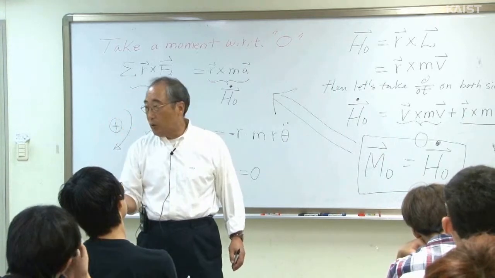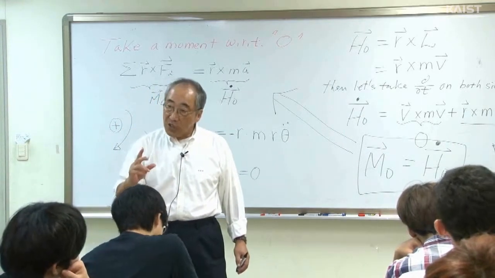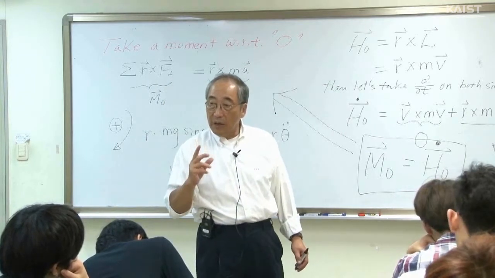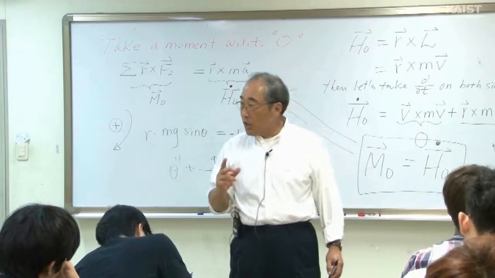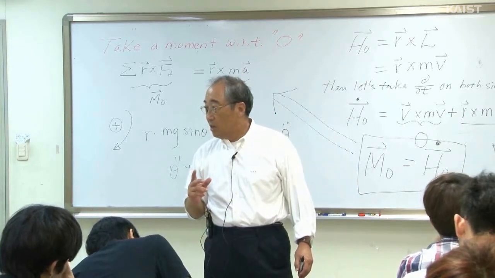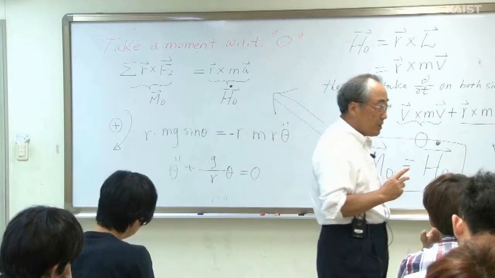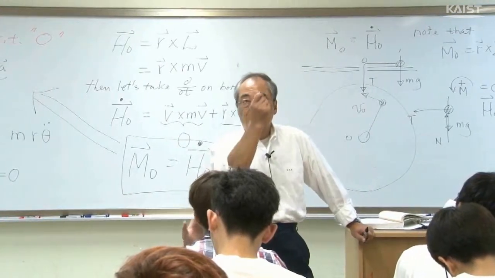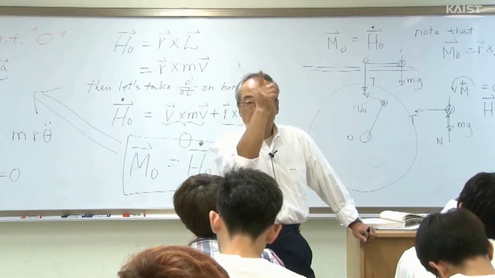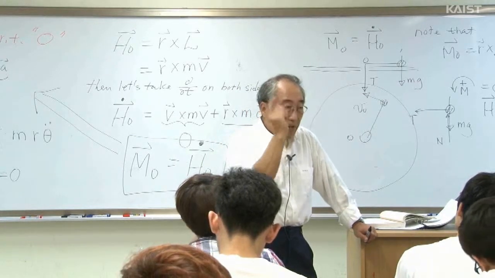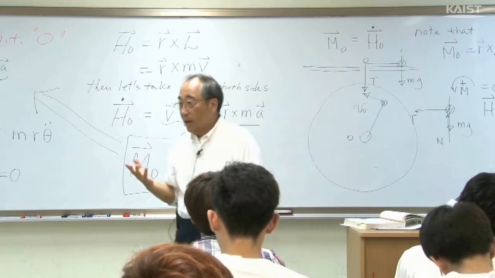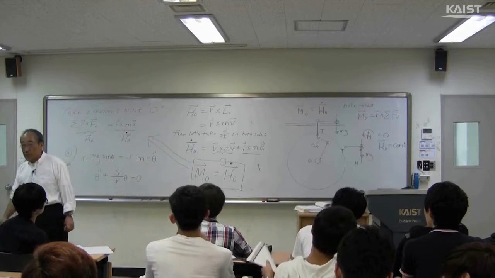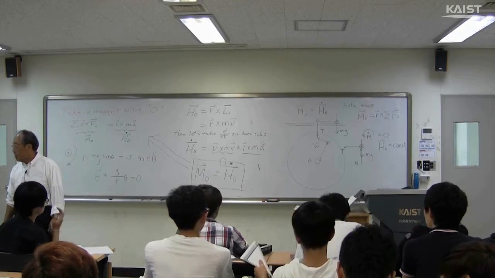Because I'm pulling down the cord, the R is decreasing. To conserve angular momentum, the velocity has to increase. So what's going to happen on this frictionless table, when I pull down, the ball rotates faster and faster as I decrease the cord length. That's interesting.